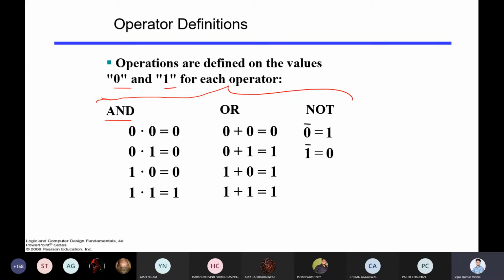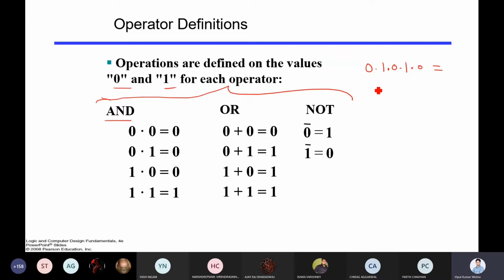Now, if you look into the AND gate, if you define the AND gate, what is AND looking for? Suppose I am saying 0 dot 1 dot 0 dot 1 dot 0, and this is the expression that you want to calculate.